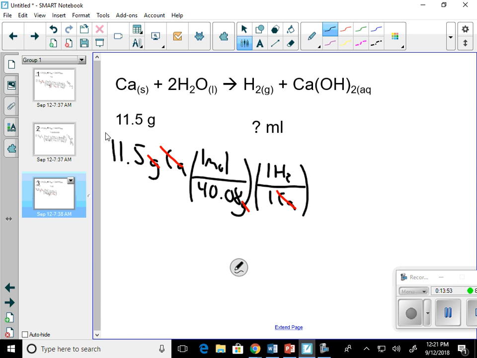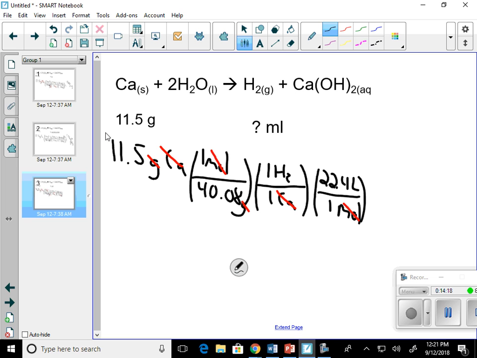This is where I can use that equality that I mentioned about gases. 22.4 liters per mole. That way moles cancels out. And now I'm left with liters of hydrogen gas. And now it's time to be a Chem 1 student.